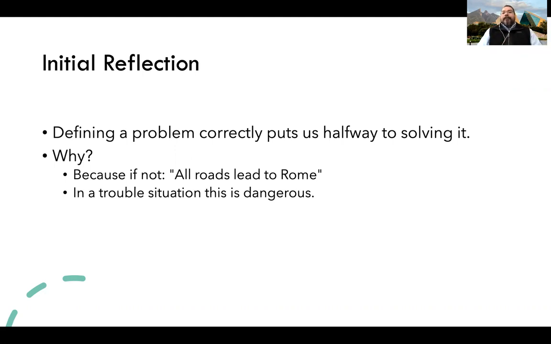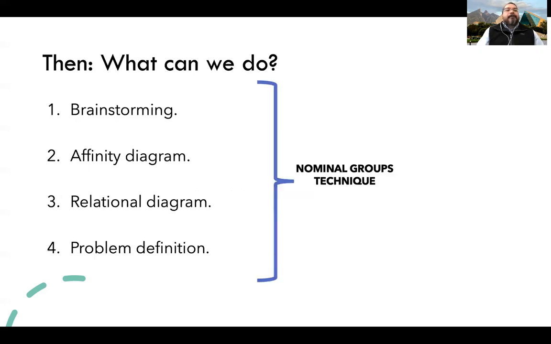Why is this? Because if not, all roads lead to Rome. And in a troubled situation, this is dangerous. This would mean that any course of action will solve the problem, and that's wrong. That's a wrong assumption. So what can we do?